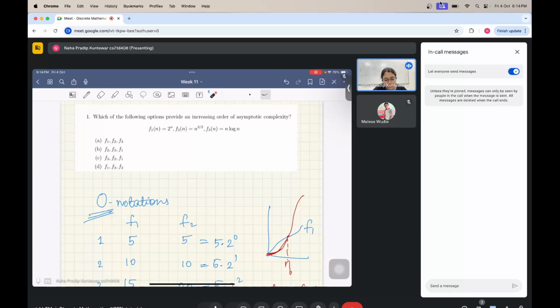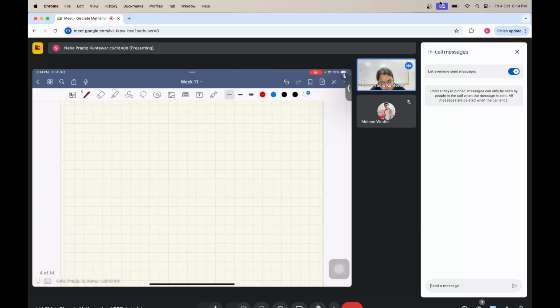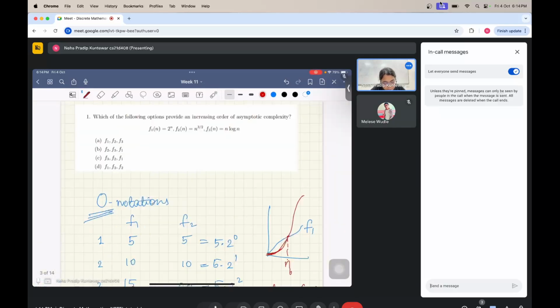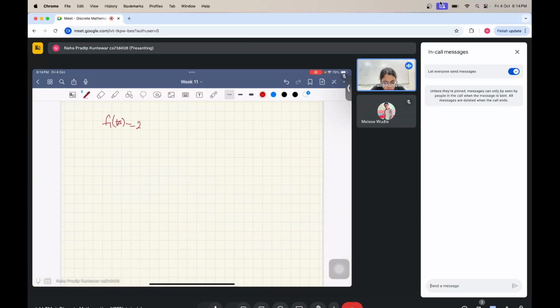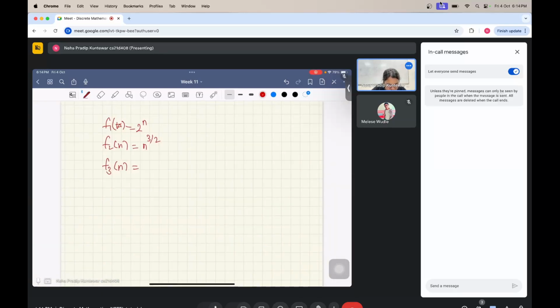Okay, let's try to solve this. Maybe I'll take a fresh page. So f1 of n is 2 to the n, f2 of n is n to the 3 over 2, and f3 of n is n log n.